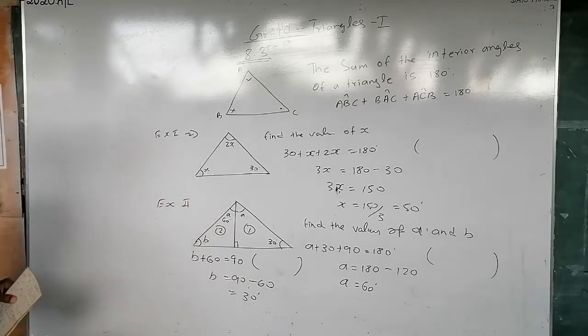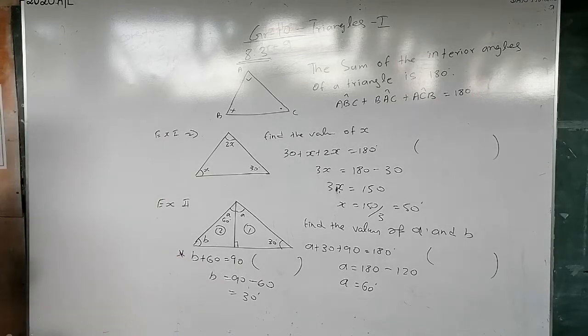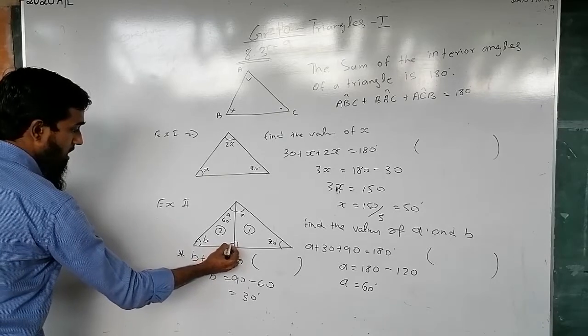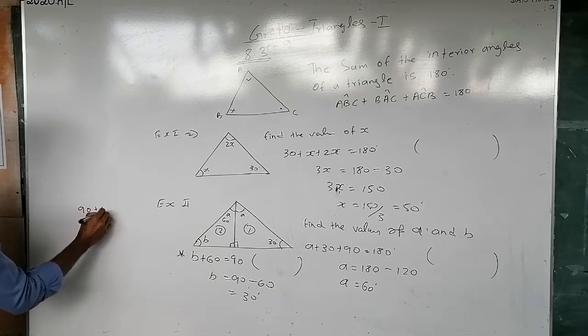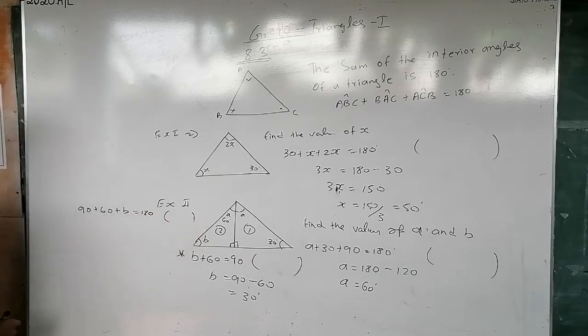Also we can use our theorem, the interior sum, instead of this. This angle is also 90 because it's on the straight line. So we have 90 plus 60 plus B equals 180. So you can use the theorem.